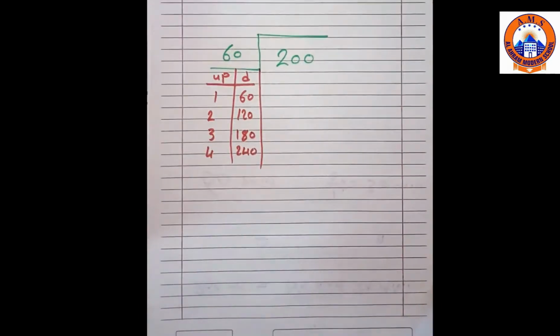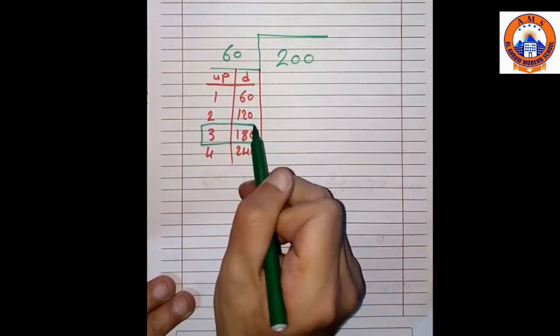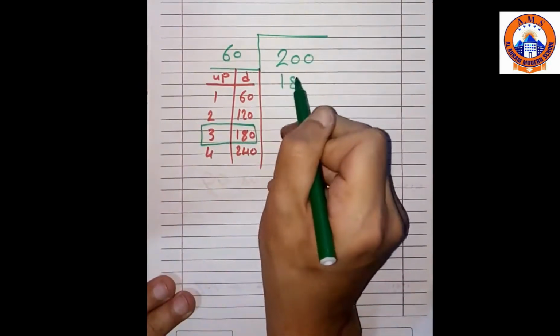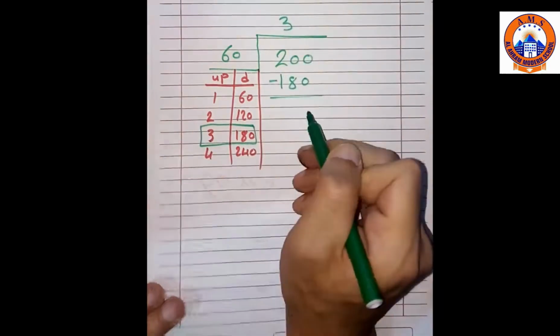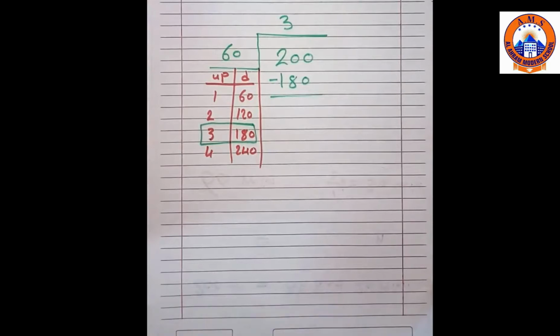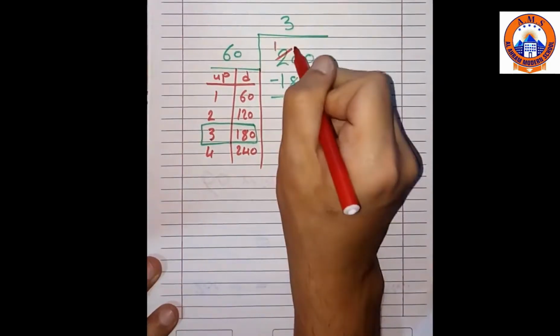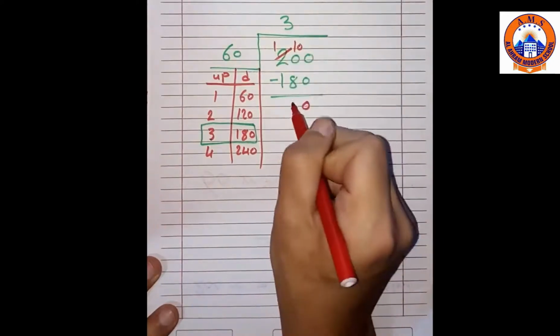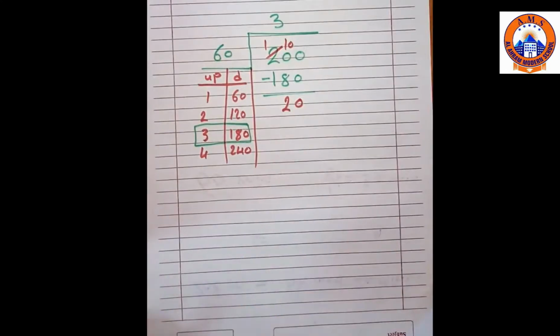The closest answer to 200 is 180. So I'm going to put 180 down and 3 up and subtract. 0 minus 0 is 0, and 0 minus 8 can't be, so this becomes 10. 10 minus 8 is 2, and 1 minus 1 is 0. So we have a remainder of 20 minutes.